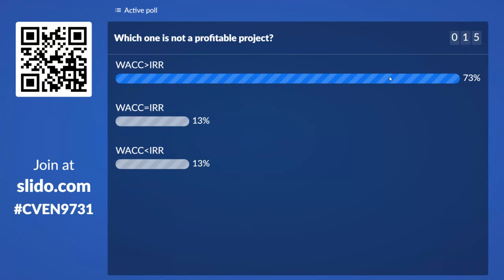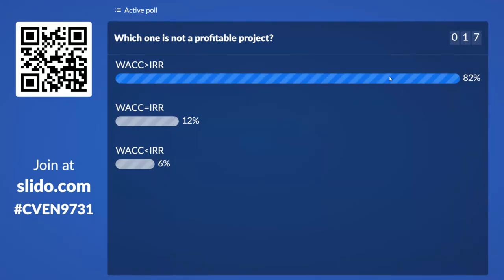Let's say that you don't want to raise any equity, so you're just getting the loan from the bank and paying 5%. So your weighted average cost of capital is going to be 5%. And then you do the calculation of the IRR, internal rate of return, and you realize that the discount rate at which your project is going to be profitable, or IRR, is going to be 5% as well.